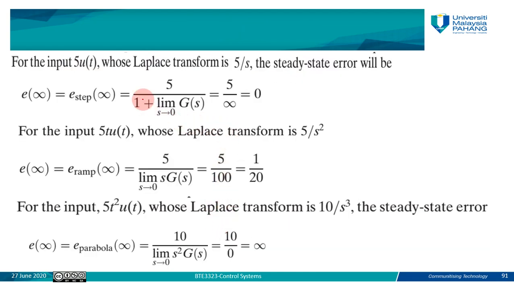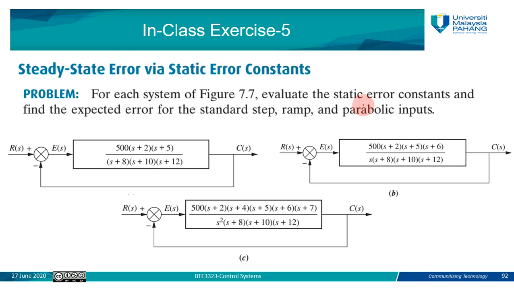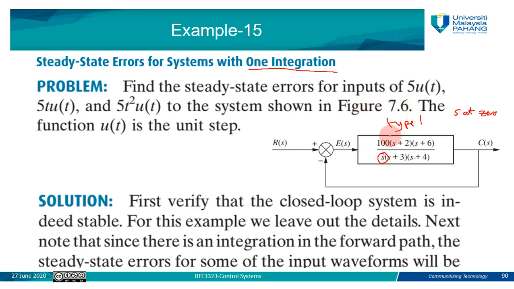As you can see here, after we find our system is stable, we need to find the values of Kp, Kv, Ka. For the first input, which is 5 over s, we use Kp, which equals the limit as s goes to 0 of G(s). G(s) is 100(s+2)(s+6) over s, and so on.